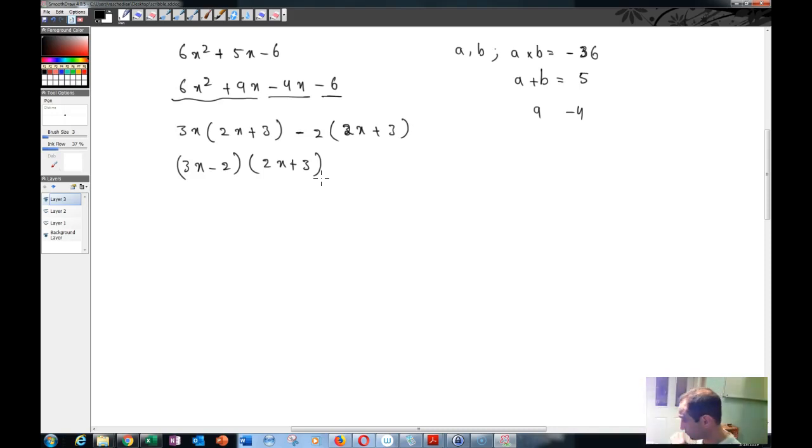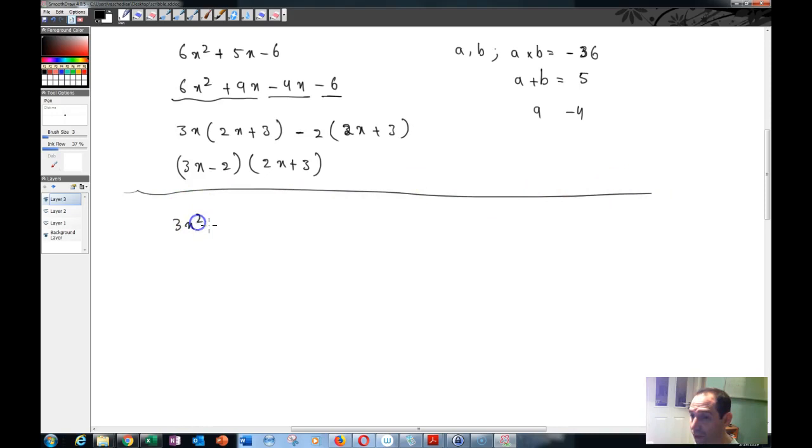The next thing that we have here is, let's say that you have something like 3x squared minus x minus 4. Here again you're looking for two numbers a and b such that a times b is equal to negative 12, 3 times negative 4, and a plus b is equal to negative 1.